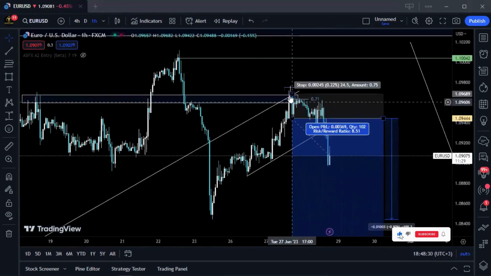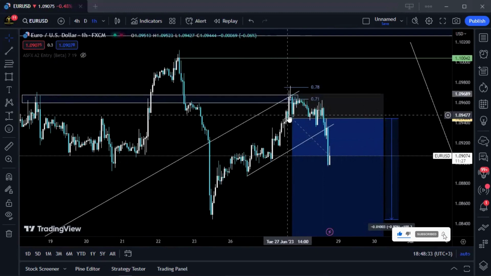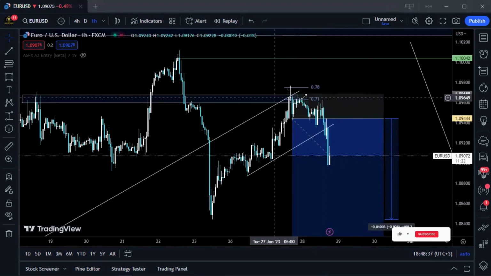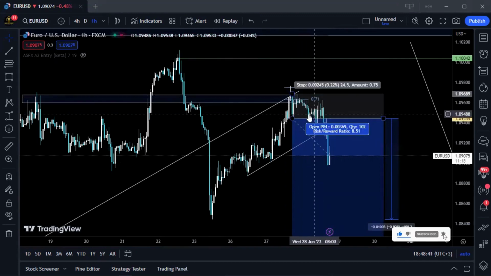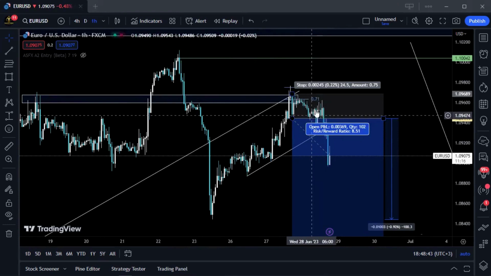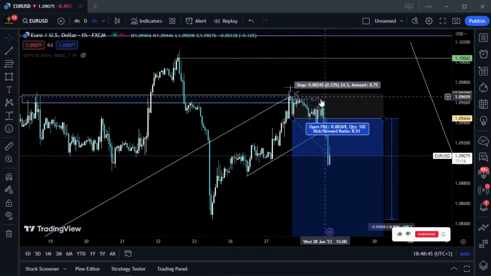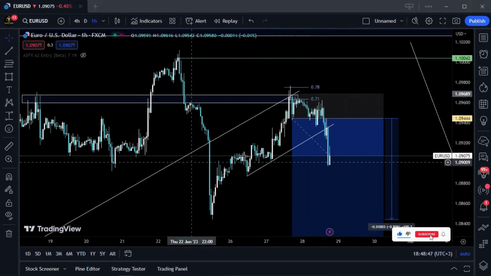So I was like, okay, we have a very high probability of prices to keep on pushing lower. I placed my sell stop here, my stop loss was above here. Prices started ranging overnight and didn't really trigger us until early this morning, at the end of the Asian session, and then voila, prices just kept on pushing lower.